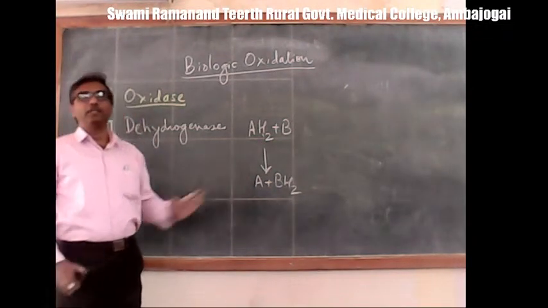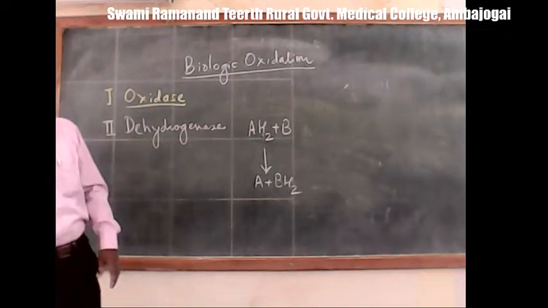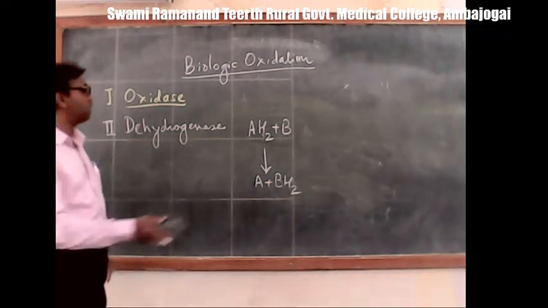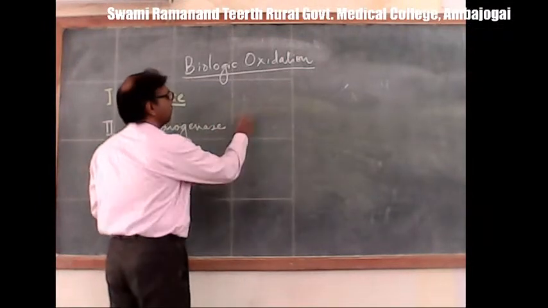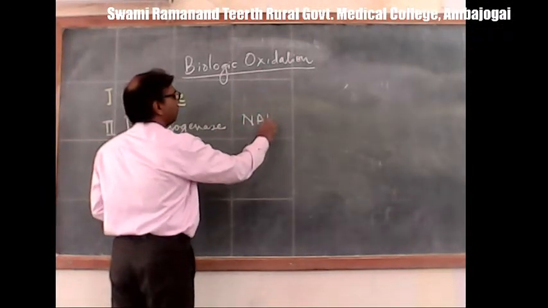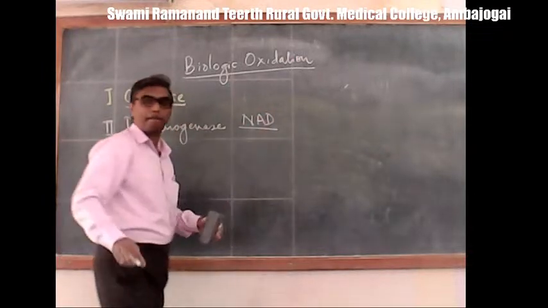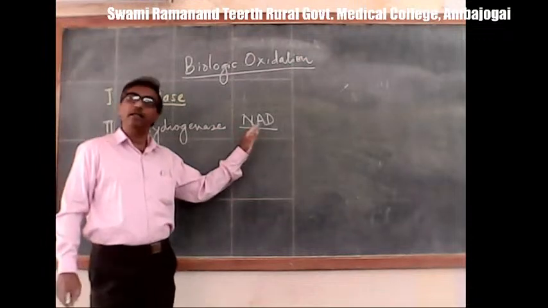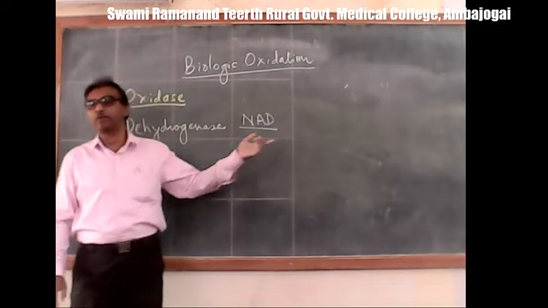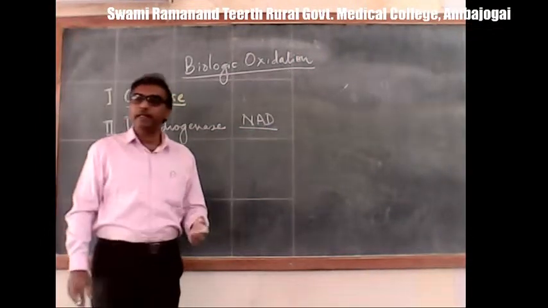Now there are different types of dehydrogenases. One is NAD dependent dehydrogenases. NAD is nicotinamide adenine dinucleotide.